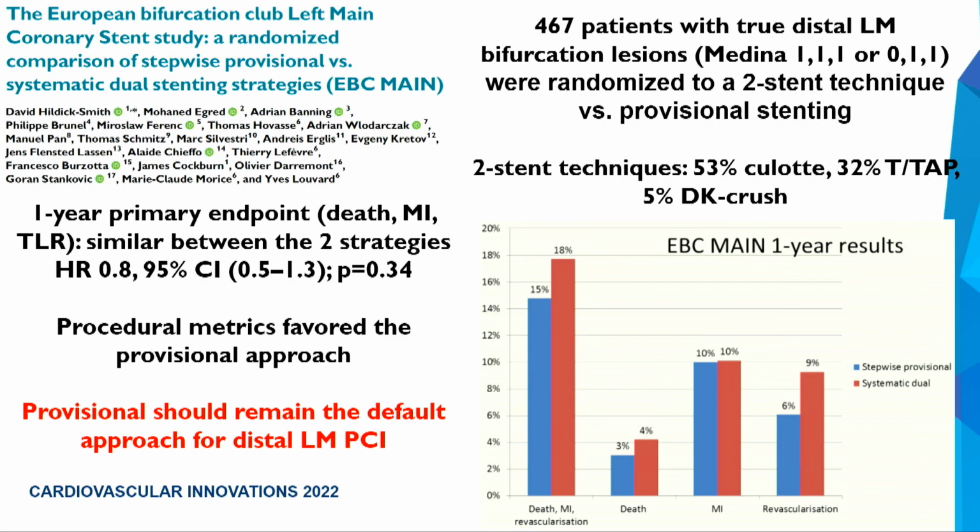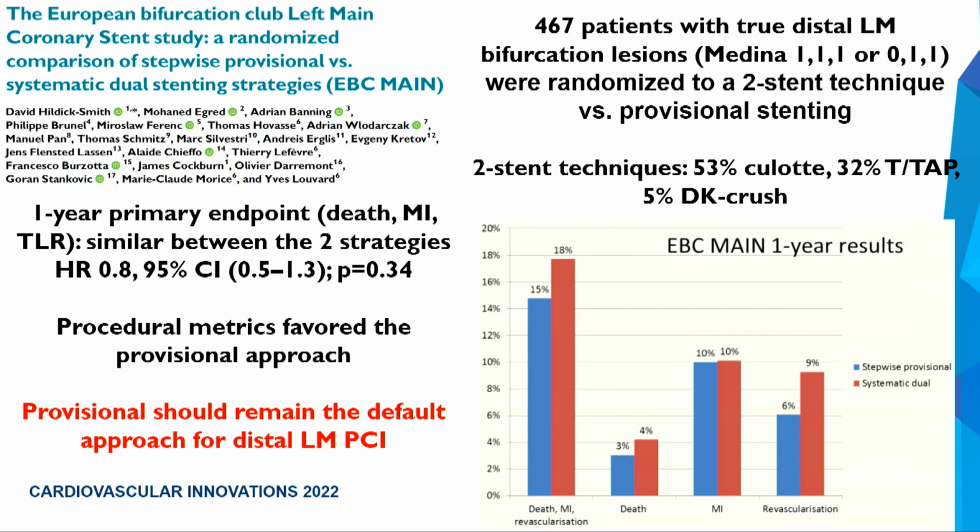Another very important study was the EBC MAIN. EBC MAIN randomized patients with true distal left main bifurcation to either a two-stent technique, approximately 50% culotte, one third TAP, and just 5% DK crush, versus provisional stenting. At 1 year, the primary endpoint did not differ between the two arms, and procedural metrics favored the provisional approach, which was therefore recommended by the trialists as the default approach for distal left main PCI.